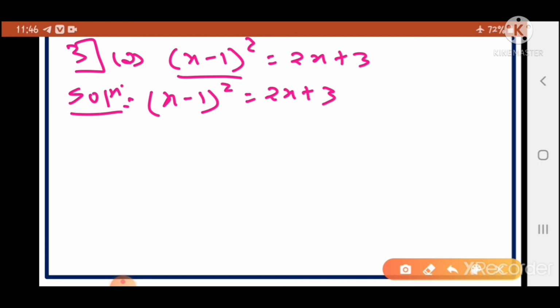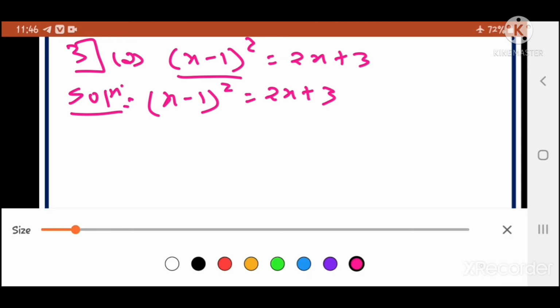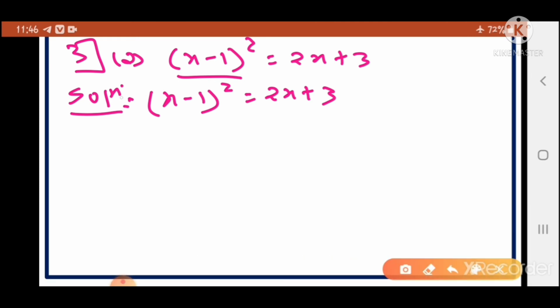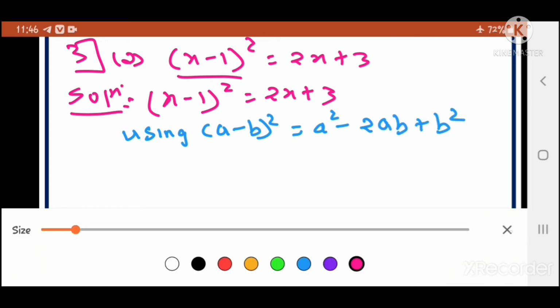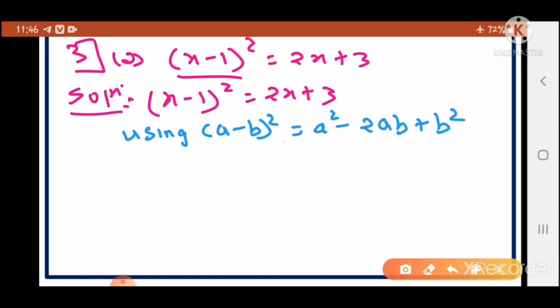So solve this. Now what is this? Is a formula, right? x minus 1 the whole square is a formula. Which formula is it? a minus b the whole square formula. Using a minus b the whole square, the formula is a square minus 2ab plus b square. Right? This is the formula we are going to use. So according to this formula we are going to solve x minus 1 the whole square.